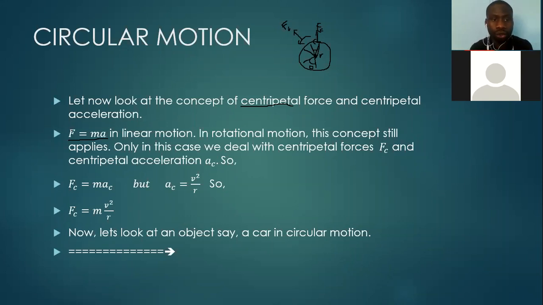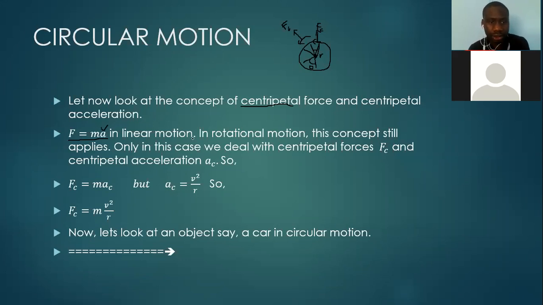A force will always produce acceleration in an object if it is resultant. Of course, if it is being opposed by another force, then the net force will be zero. But if there is a resultant force, it will always produce acceleration.